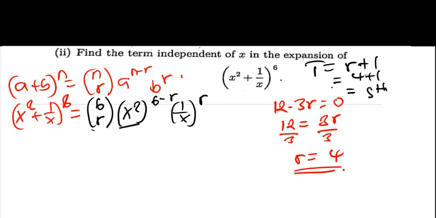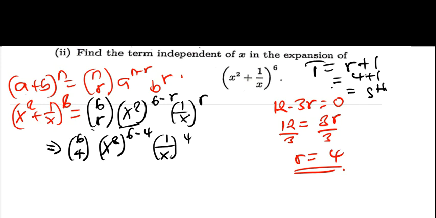So we'll have 6 choose 4, then x squared to the power 6 minus 4, which is 2, and 1 over x to the power 4. 2 times 2 inside there is x to the power 4, and 1 over x to the power 4 is 1, so you can clearly see that this x to the power 4 will cancel out.